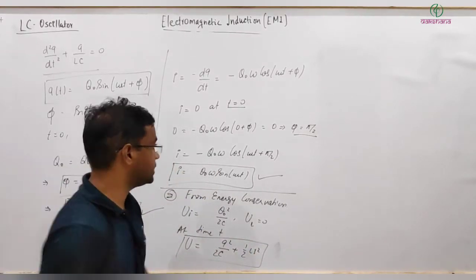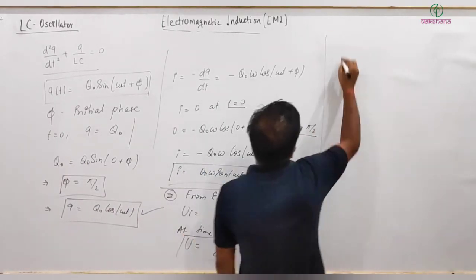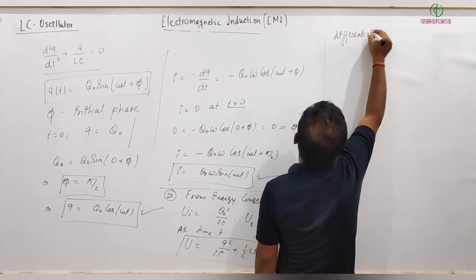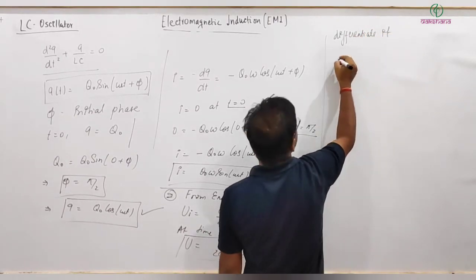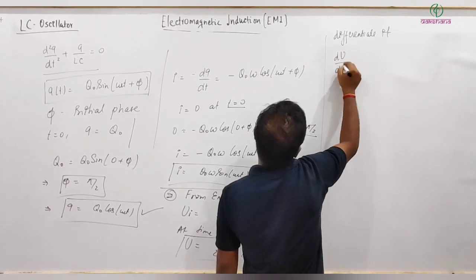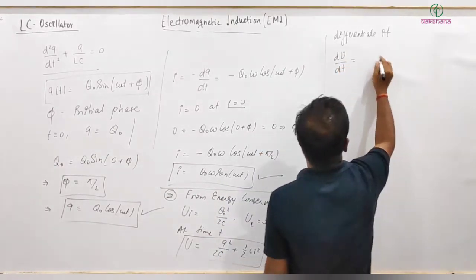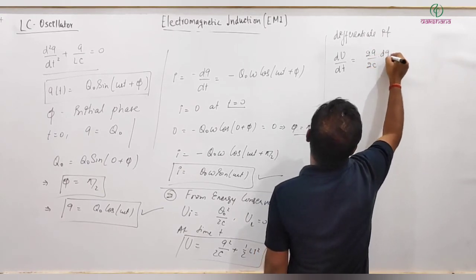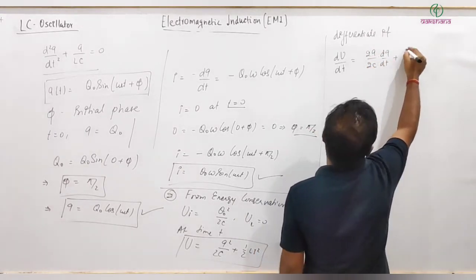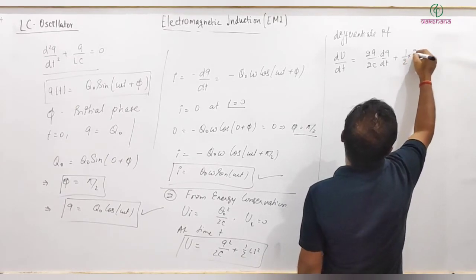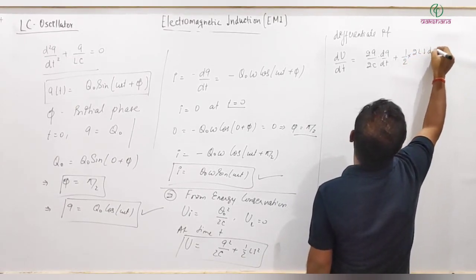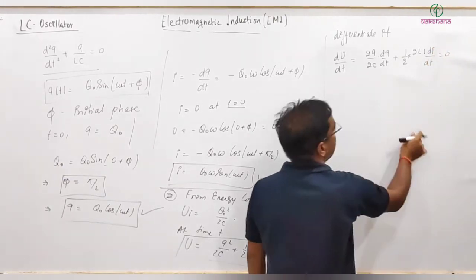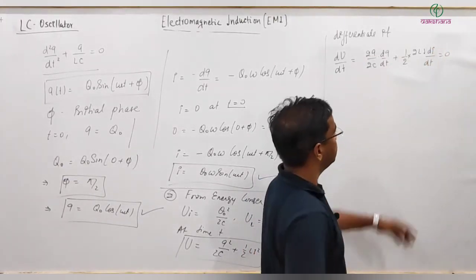If I differentiate it, then I will get dU by dt equal to 2q by 2C into dq by dt plus 1 by 2 into 2L i into di by dt equal to 0. 2 gets cancelled everywhere.